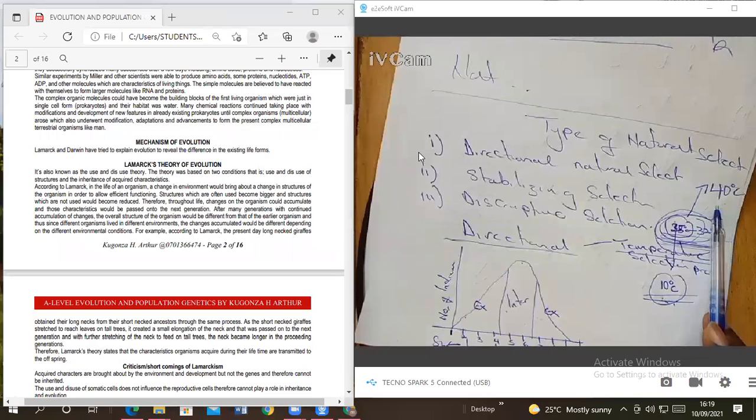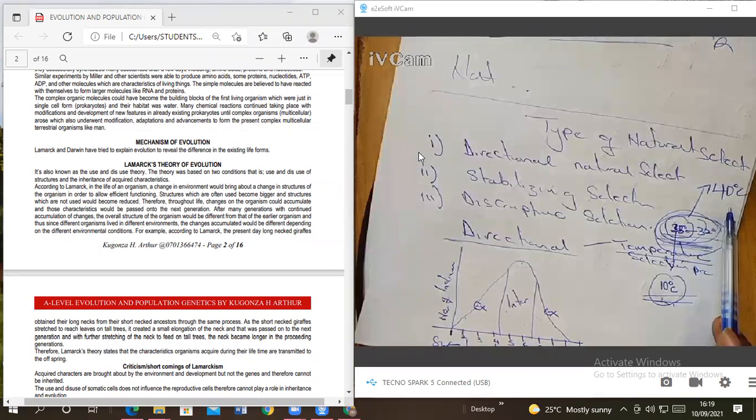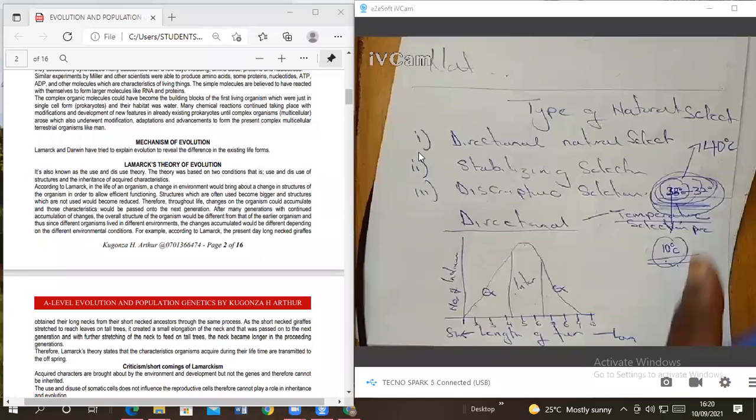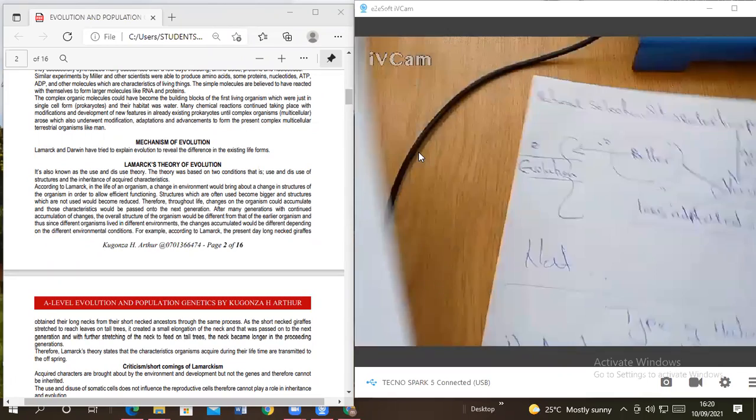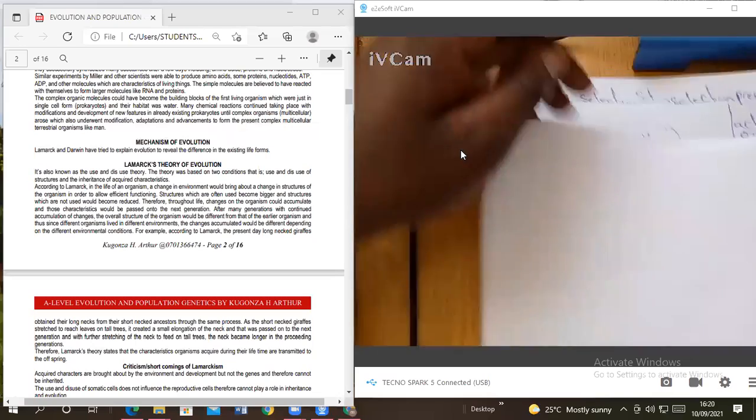We need less insulation of the skin. When you have a lot of fur, you have much insulation to reduce heat loss. But now remember, it is hot. You need short fur. Therefore, that is what will happen.